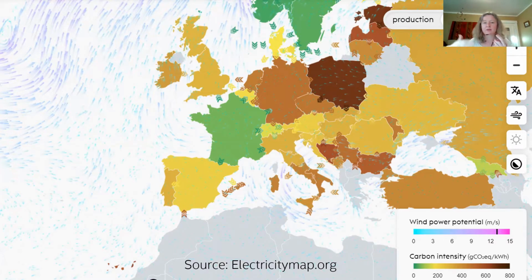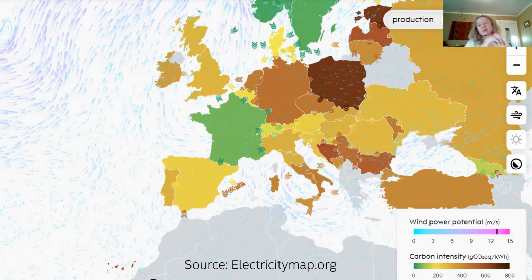That is something that can be contested. What counts as low carbon is always contestable. Here the decision has been made to call it green. And Poland has a long history of coal, so we're not surprised to see that on this particular day Poland is very high carbon intensity. You can also see wind patterns. Later in the talk, I'll talk about a remote island in Scotland called Orkney, and that's way, way, way at the top.